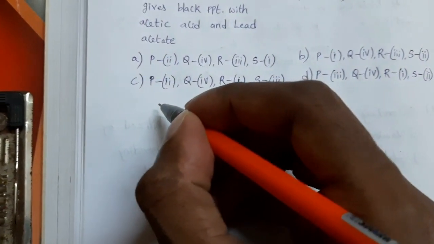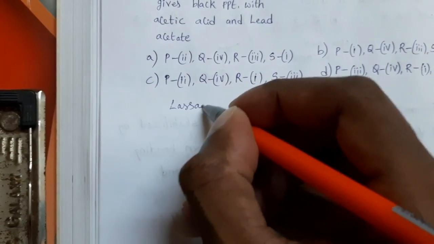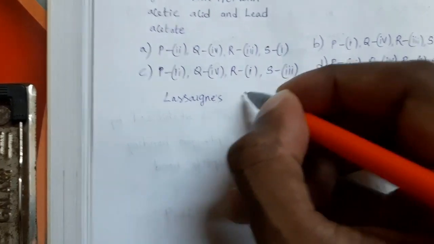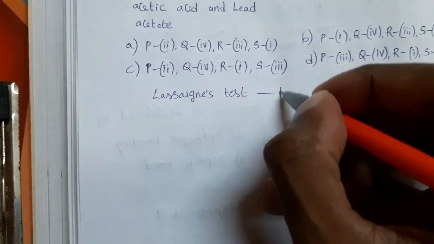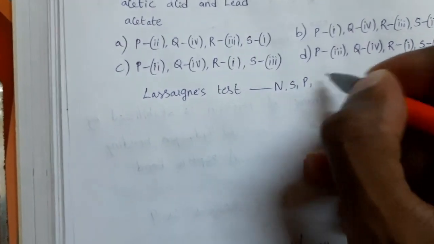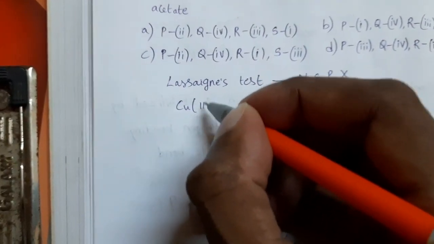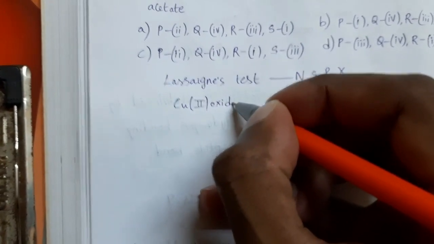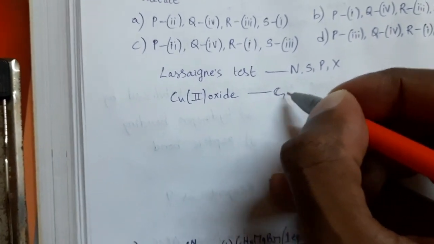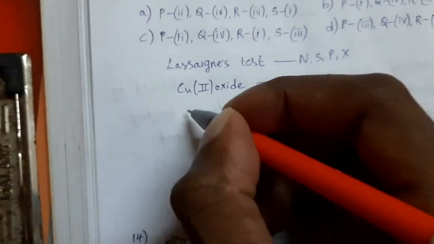Now say this. Lassaigne's test is used for the detection of nitrogen, sulfur, phosphorus, and halogens. Copper(II) oxide is used for the detection of carbon and hydrogen.